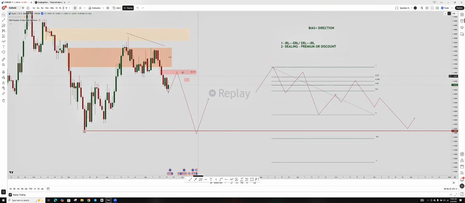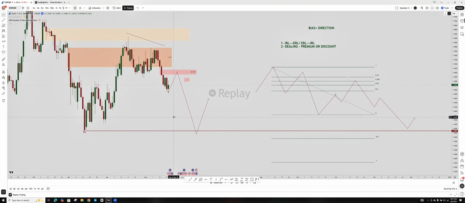So right here we have internal, thereby we are expecting price to drop away from this internal and to approach this external. So therefore, my bias is bearish. I'm looking for sell. But first of all, I would wait for price to retrace, price to reach this internal range liquidity, and then from there we will start shorting the market to reach this external range liquidity.